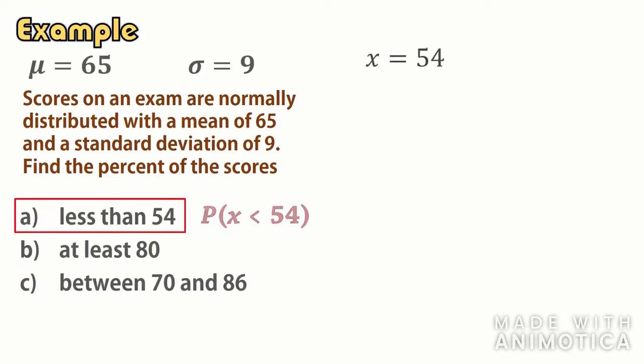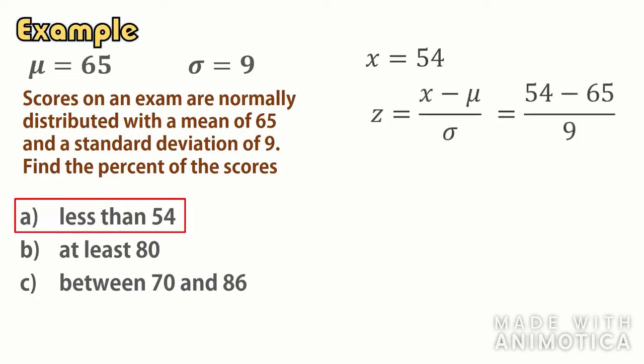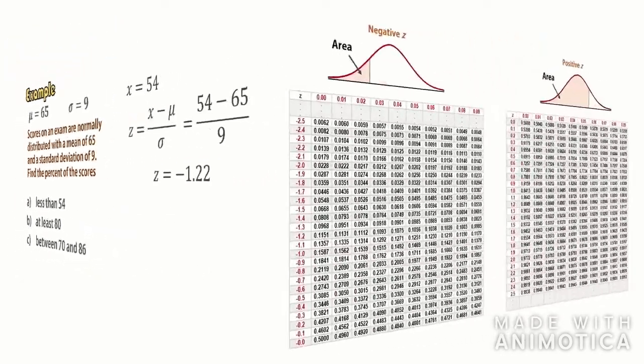So for X equals 54, the corresponding Z-score is 54 minus 65, divided by 9, and that gives negative 1.2222 repeating. Since the Z-table is set up to handle only 2 decimal places, we round this to negative 1.22. We then go to the Z-table and look up the area.